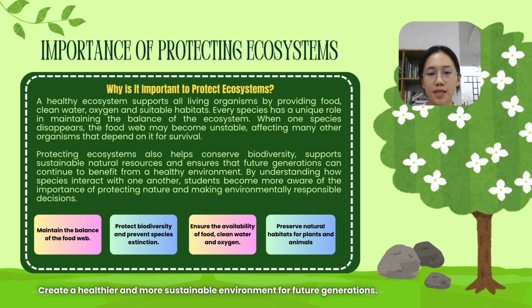Thus, when one species disappears, the food web will become unstable. As we have seen in these activities, removing the grasshopper not only affects the frog but also has an effect on the snake and eagles. This demonstrates that all organisms are interconnected and depend on one another for survival.